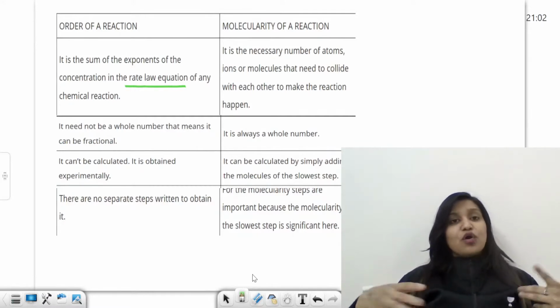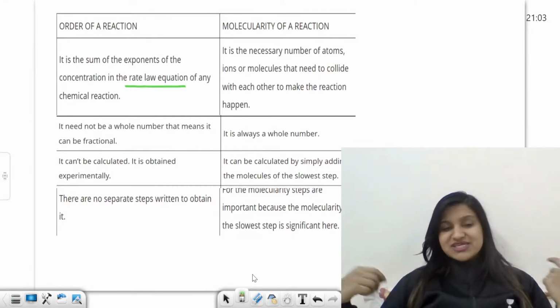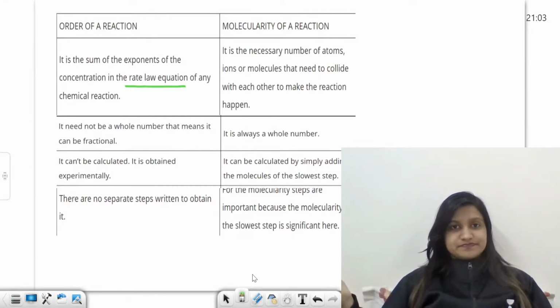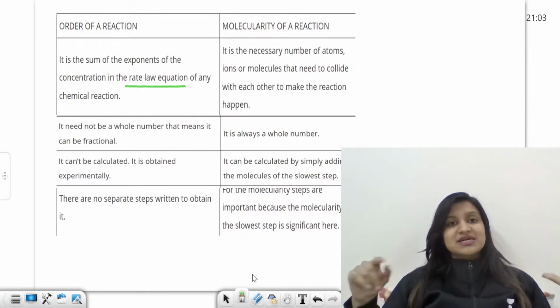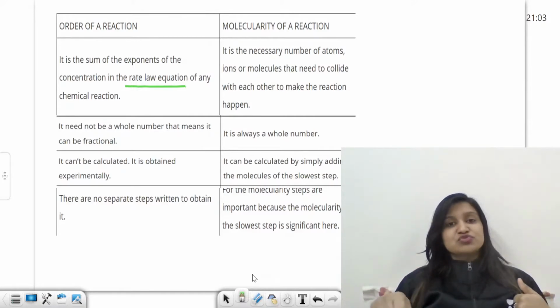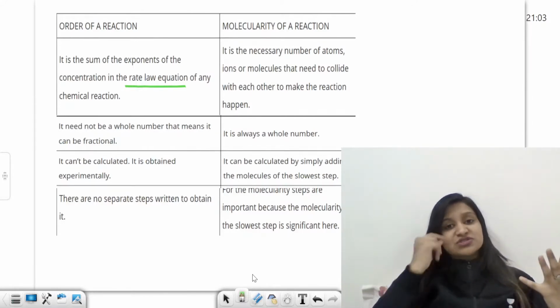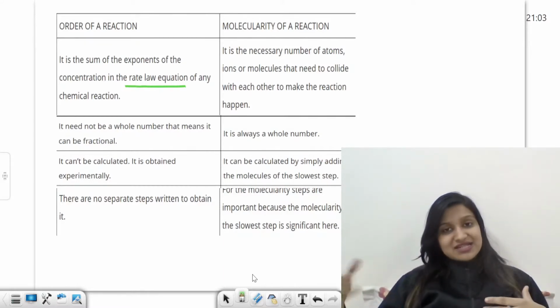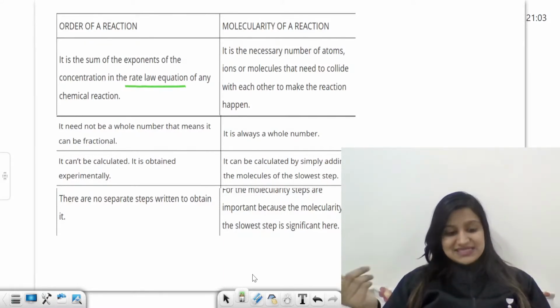Now, the order of the reaction you cannot calculate with pen and paper. You have to do some experiments to get the order of the reaction. So the order of the reaction is always calculated experimentally.